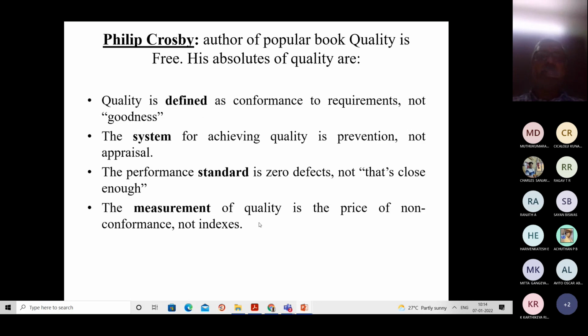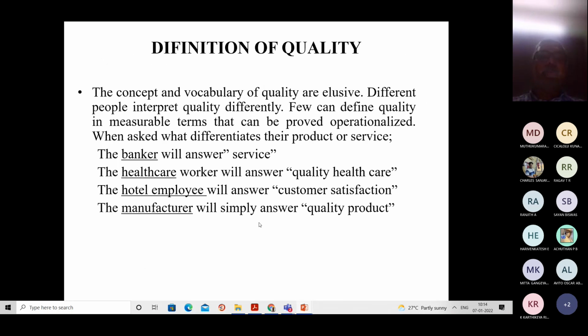So this I will skip. This also changes everywhere. For every employee, the service is going to be a different case. A banker means service. A teacher means service, because we don't have a product. Even though it's not a product, the customer is there. Students are customers. So when you ask a teacher or a banker what quality means, service should be quality. If you take healthcare, nowadays we are so worried about quality healthcare.